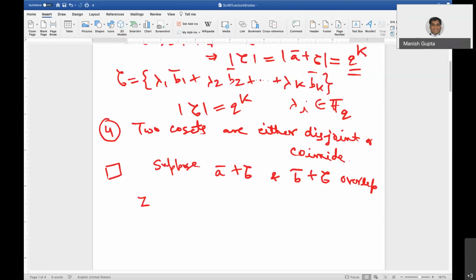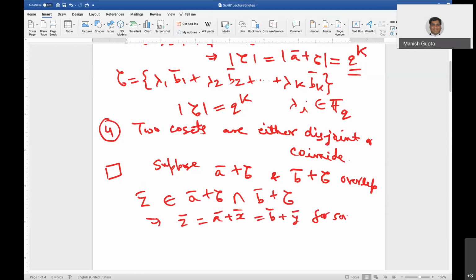Suppose Z is that vector common to the intersection of A plus C and B plus C. This implies that Z is equal to A plus X is equal to B plus Y, for some X, Y in C.